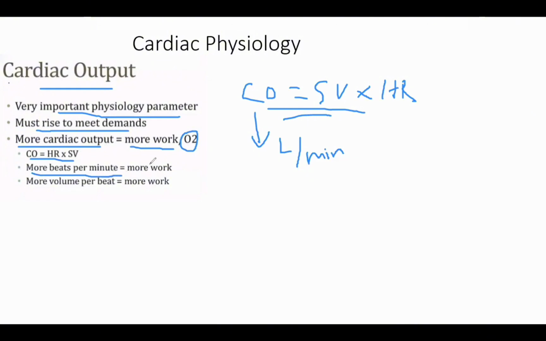More beats per minute means more work by the heart, and more volume per beat means more work by the heart. If the heart is ejecting more volume, the cardiac output will increase. If there are more beats, the cardiac output will still rise.